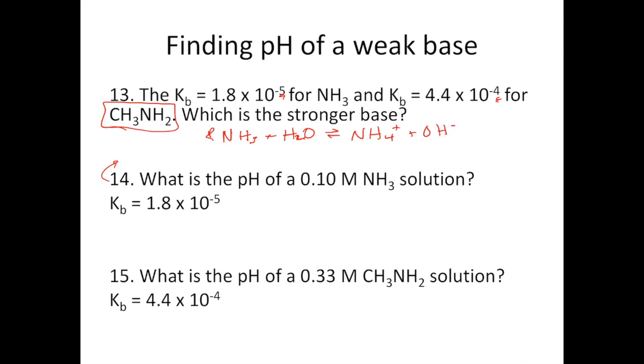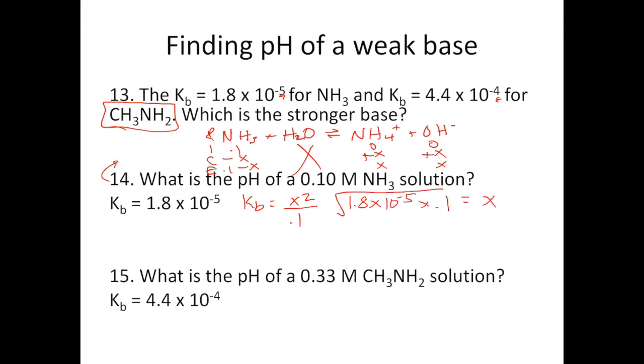Because it accepted that hydrogen, and OH minus. So I made a strong base. That's what you're supposed to do. So 0.1, nothing, 0, 0. Minus x, plus x, plus x, 0.1 minus x, x, and x. Kb, I'm given Kb, and that's going to be x squared over 0.1.